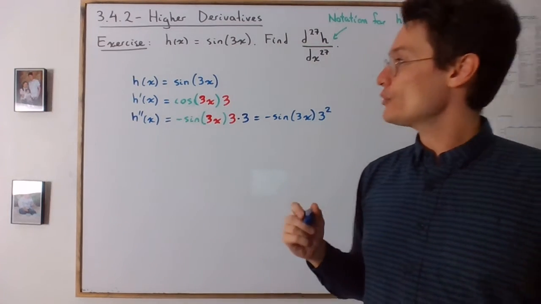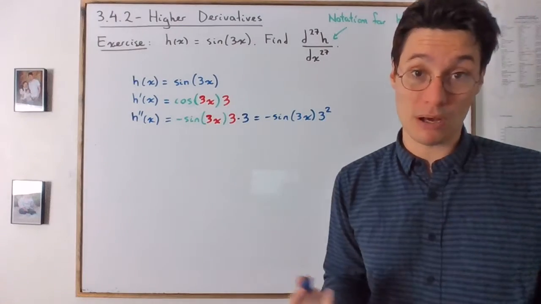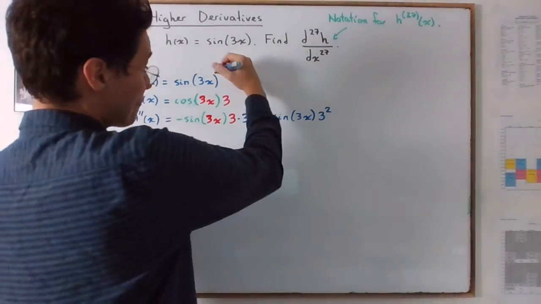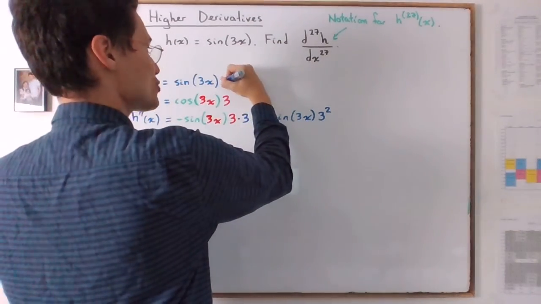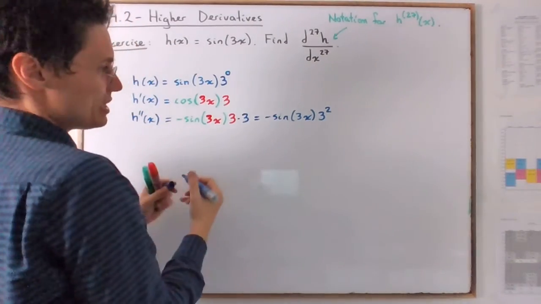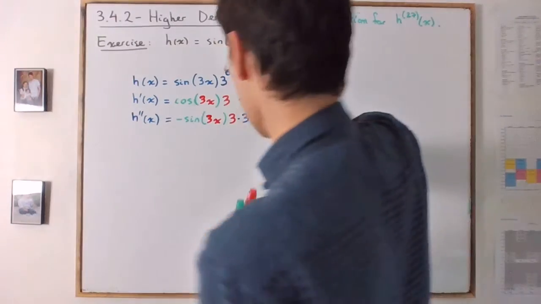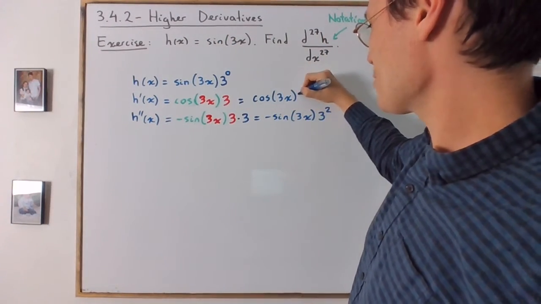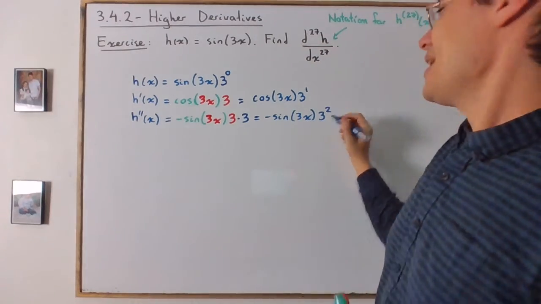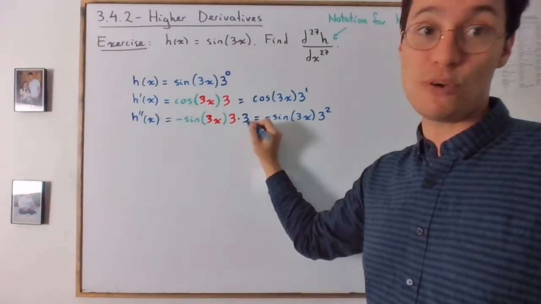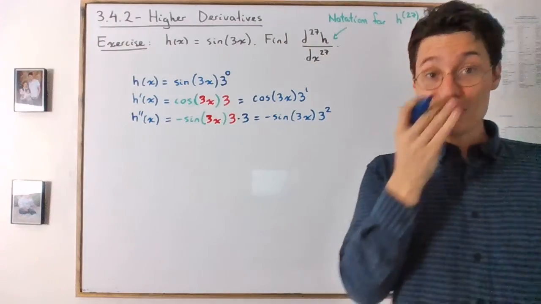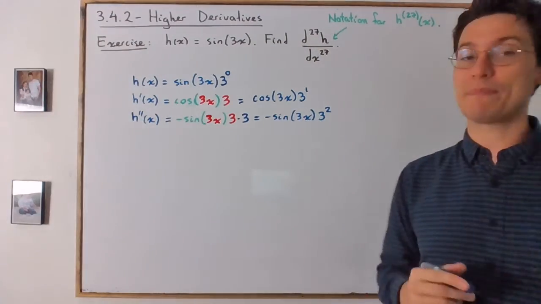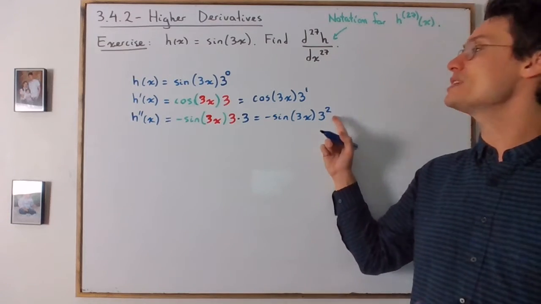Now you have to keep your eye on the ball on this point, because look, at the first, h of x, you have 3 to the power of 0. Here you have cosine of 3x times 3 to the power of 1. And here you could write 9 if you wanted to. But if you can identify a pattern, it's actually better to write the pattern. So that's why I'm writing 3 squared.